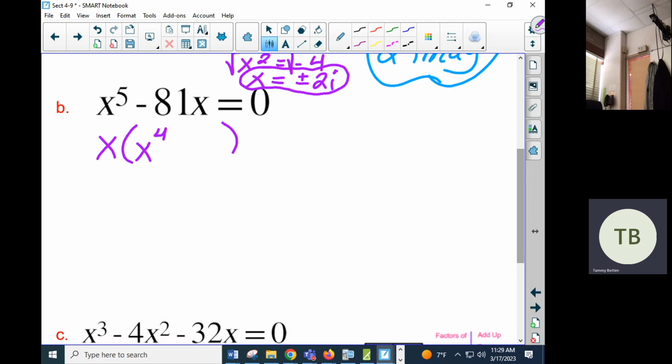Okay, and then that's a minus, so I'm gonna bring that down. X times what gives me 81x? 81. And it's equal to 0. Okay. So here's what I would do. Have my X, and I have to decide if I can factor this. Is this difference of squares?